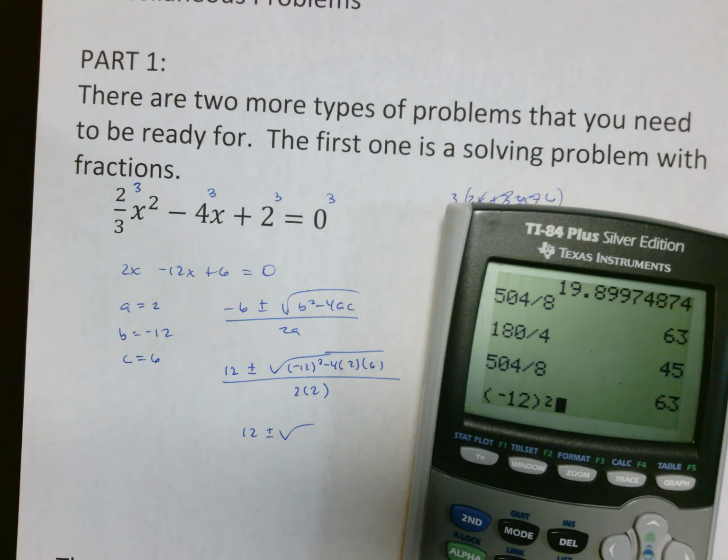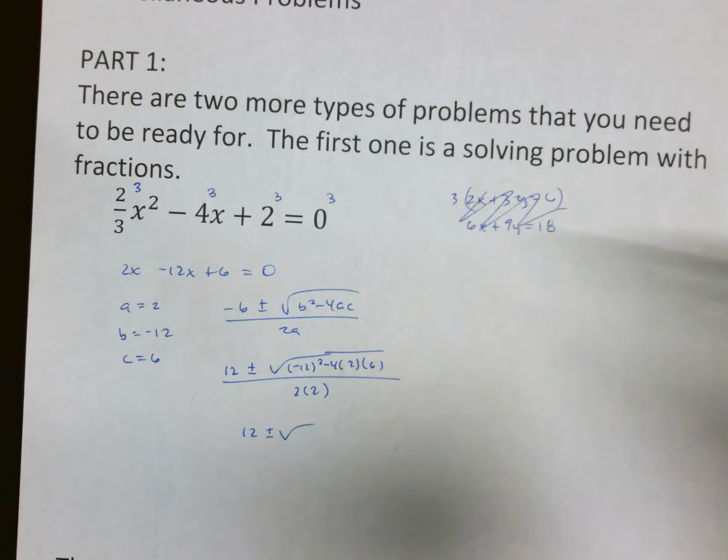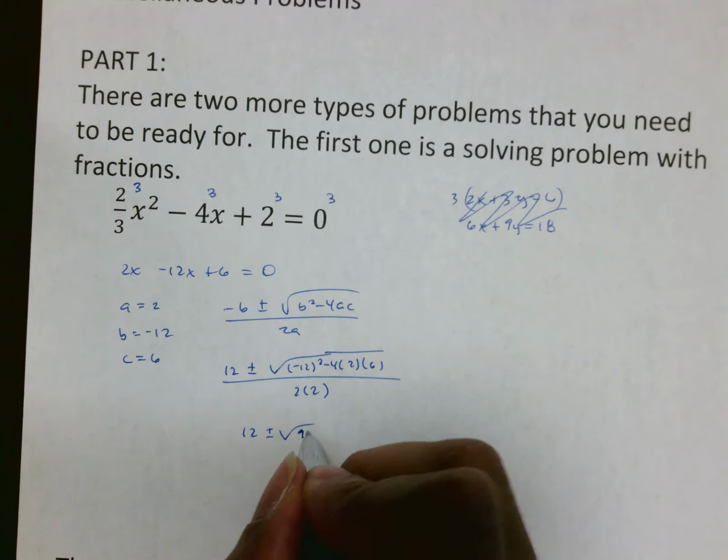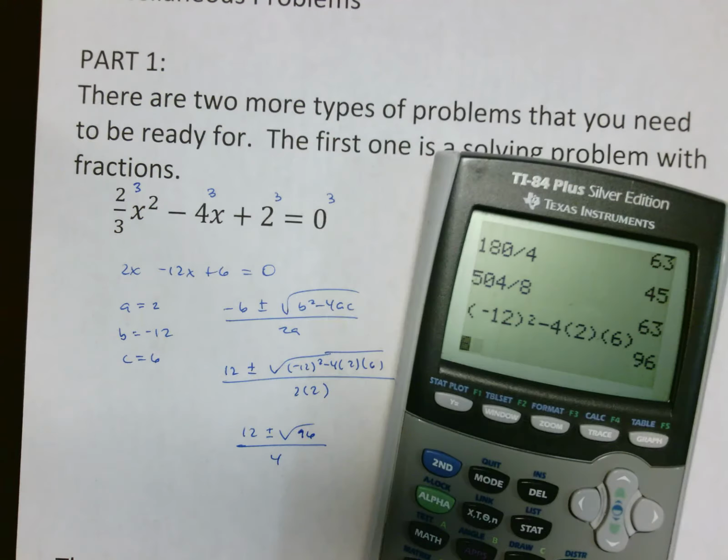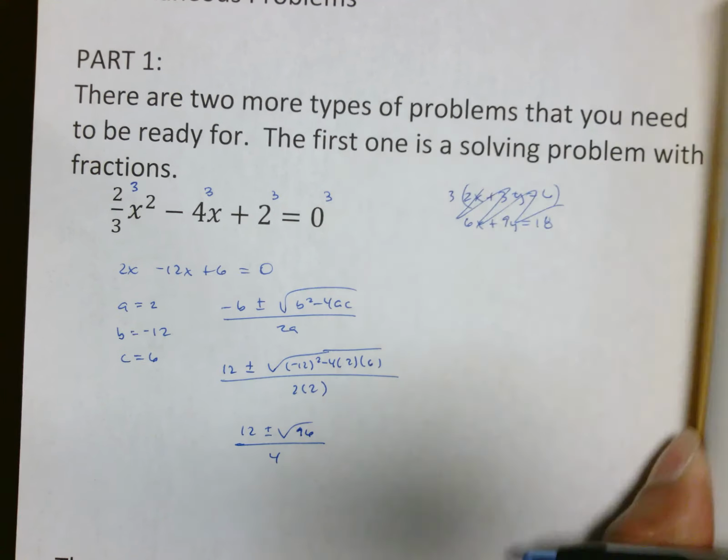So negative 12 squared minus 4 times 2 times 6 equals 96, all over 4. 96, I need to check, so 96 divided by 4 is 24.